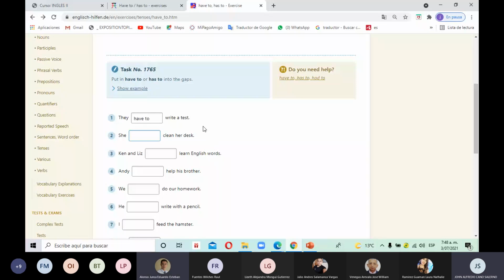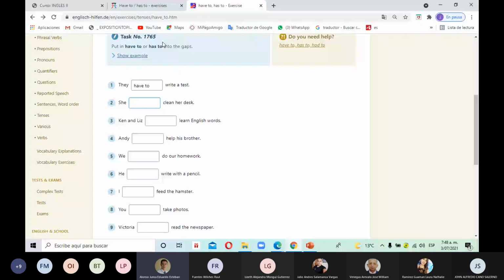Have to. She has to clean her desk. What about number three? Has to. Has to, yes? Has to is have to. Yes, have to.